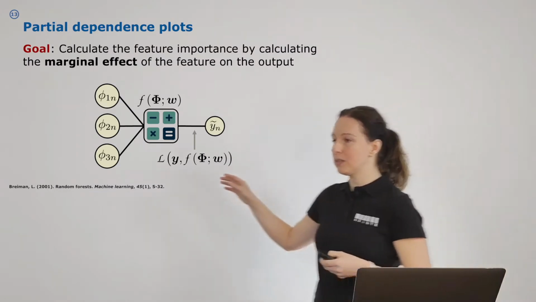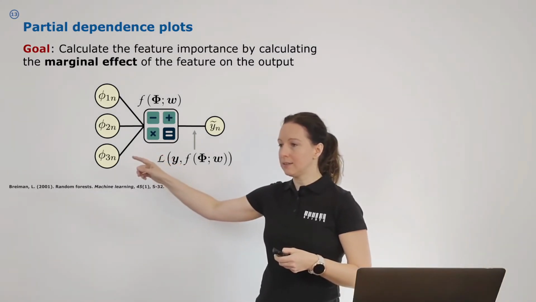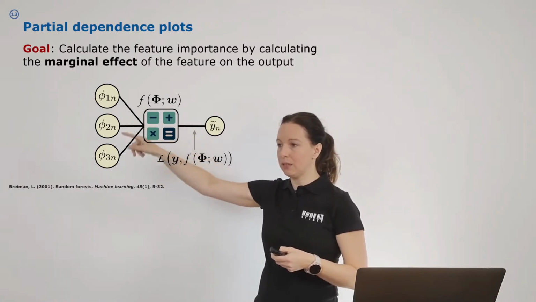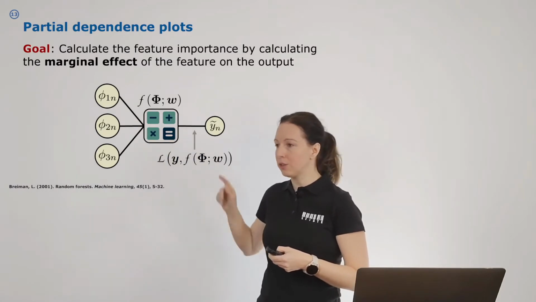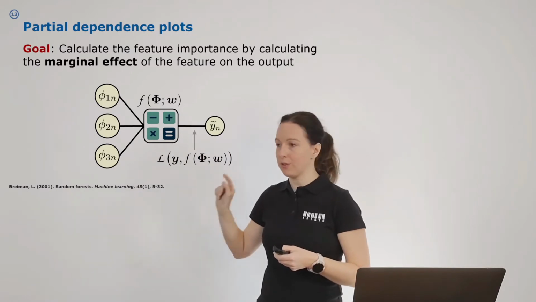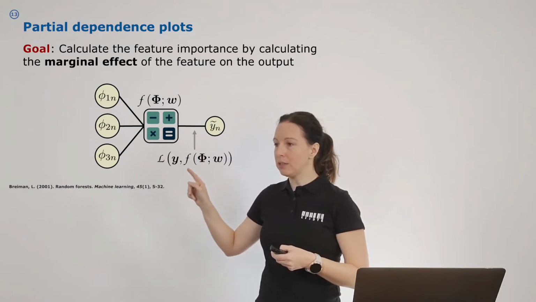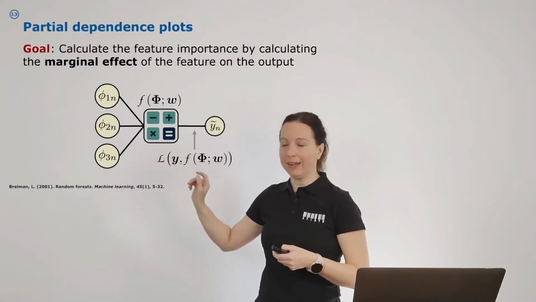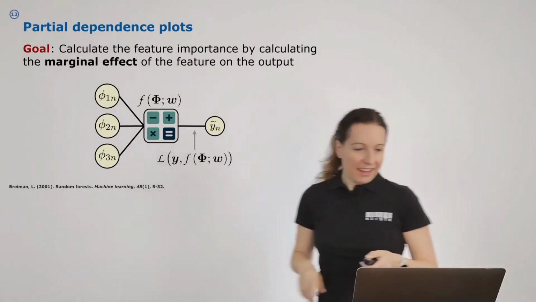What is illustrated here are the input features. So this is one sample with the index n, and you have illustrated 3 different features. This is the output, this is the machine learning model, and L is the loss function. The input to the loss function is the actual prediction and the reference Y.